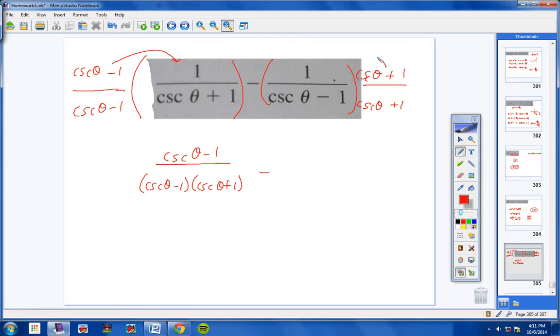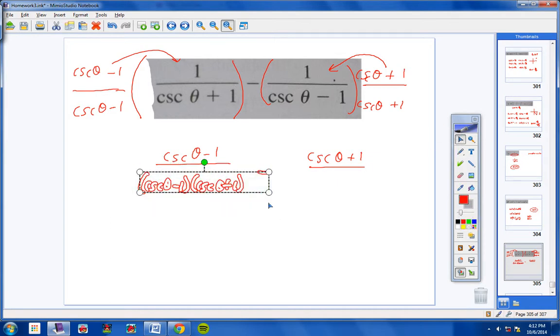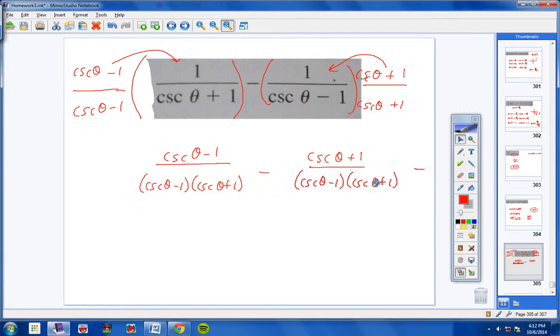Minus, and now we take this times 1, and we'll get cosecant theta plus 1 over, and then I'm going to take cosecant theta minus 1 times cosecant theta plus 1, and I'll get the same denominator, which was my goal in the first place, okay? So we'll pull this right over here, okay? And now let's continue on.